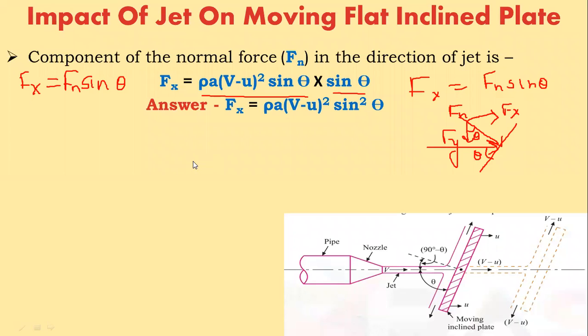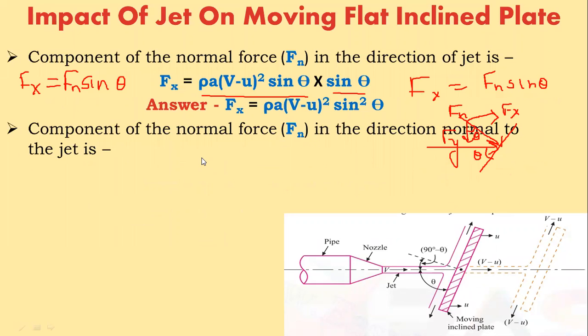Then what is going to be the component of the normal force in the direction normal to the jet? Yes, that means Fy. What is going to be the value of Fy?